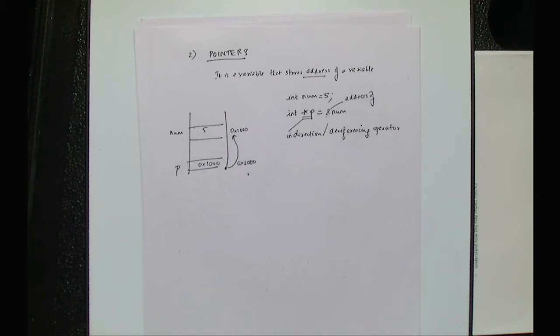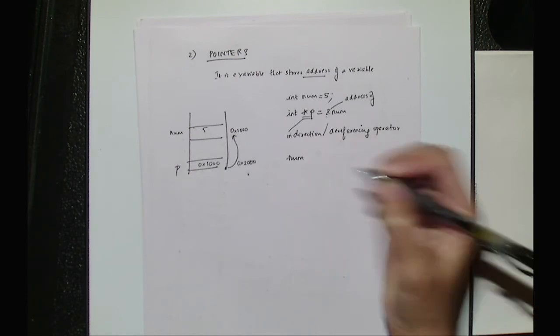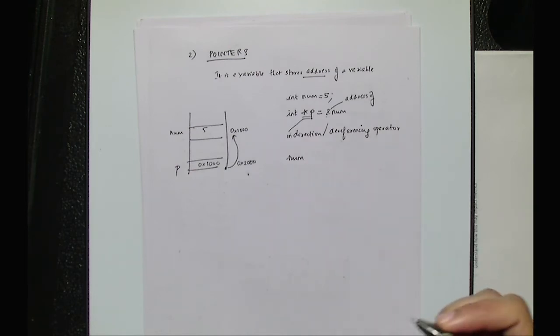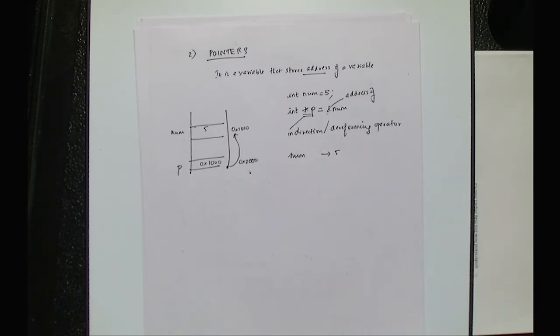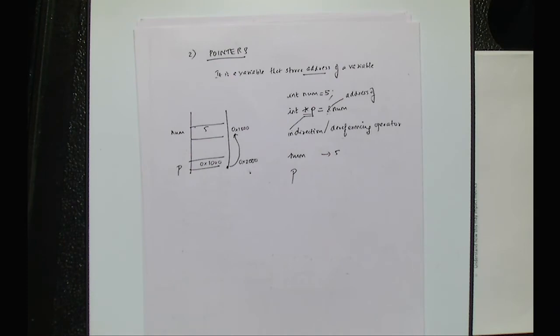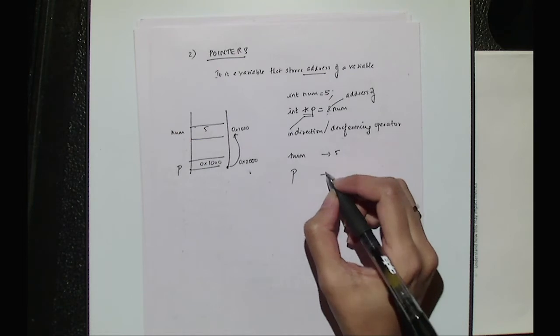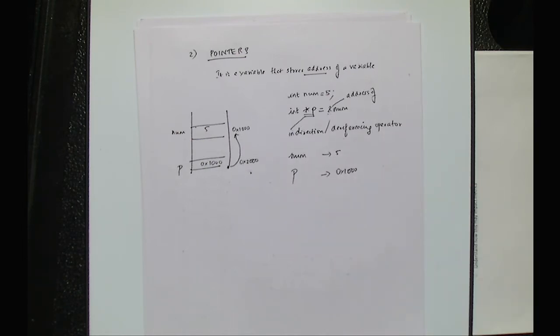So if I'm going to print num, what would that print? 5, okay. What if I print P? What would it give me? It holds the address, right?